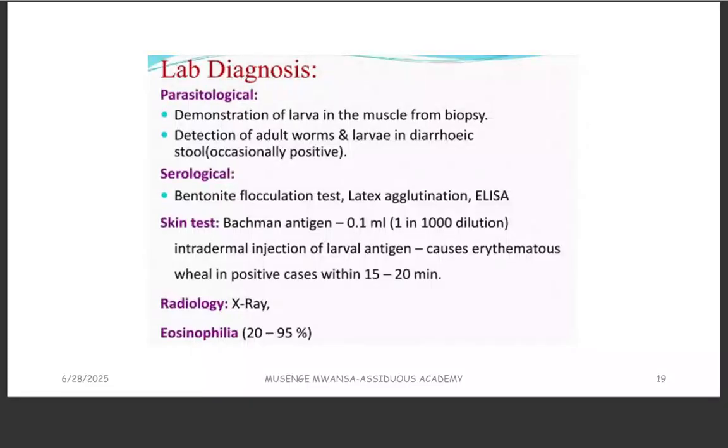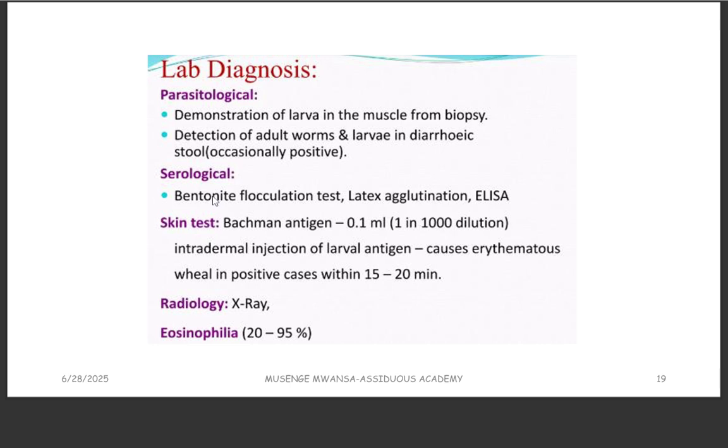So how can you diagnose infection caused by Trichinella? You can do parasitology: you can demonstrate larva in muscle from a biopsy, and you can detect adult worm and larva in a direct stool. Okay. And then you can also look at blood, serological. You can do the bentonite flocculation test, latex agglutination, ELISA.